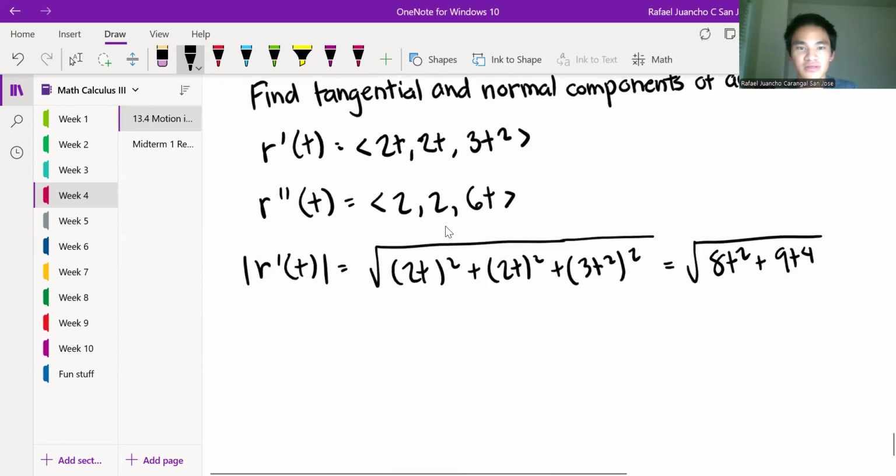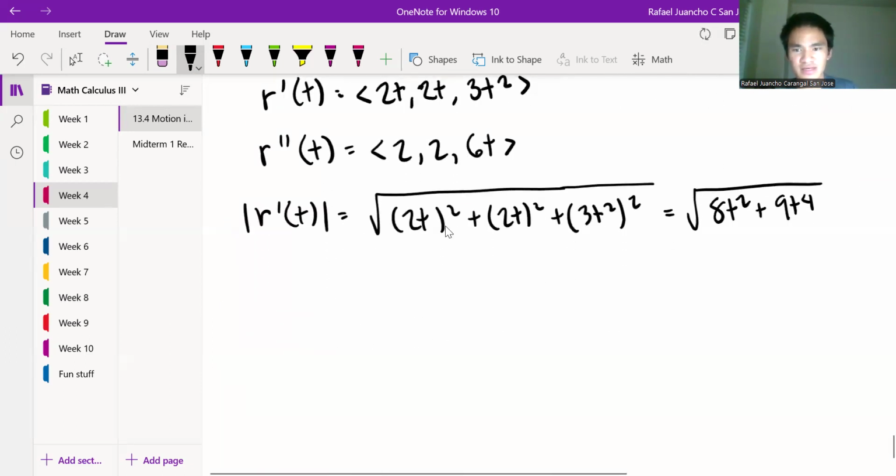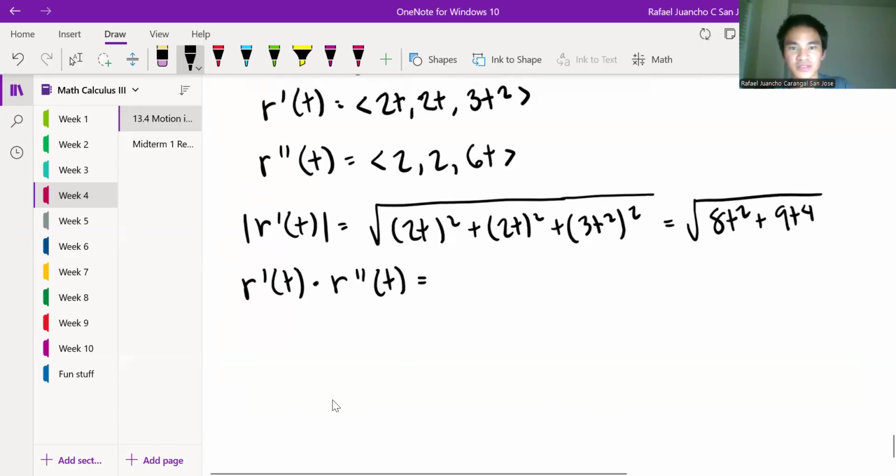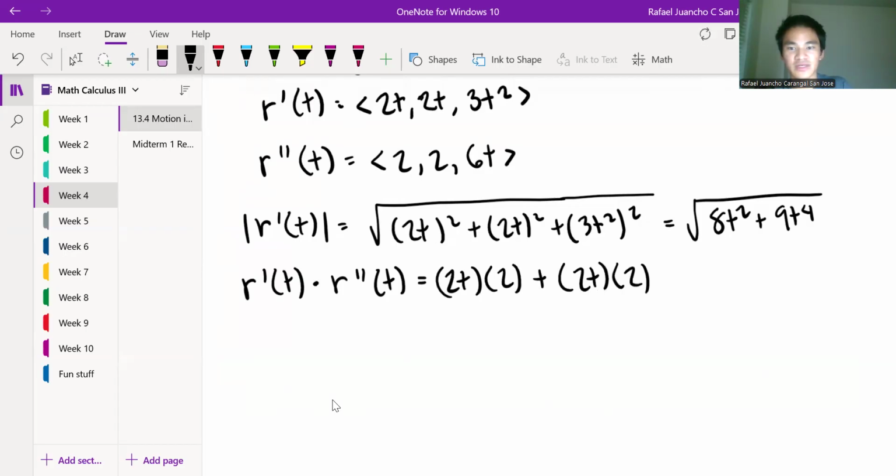What else do we need? We need the dot product of those two. So let's also find that. Here I'm just filling in everything we need. So this is 2t times 2, and then another 2t times 2 again, and then 3t squared times 6t.